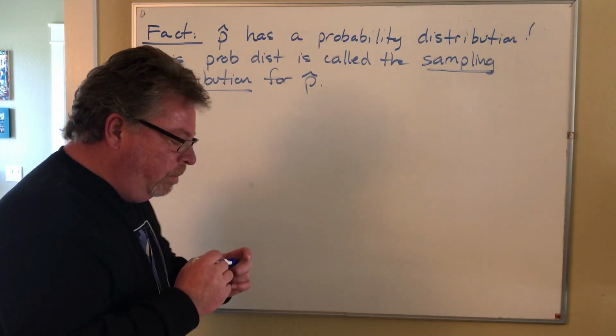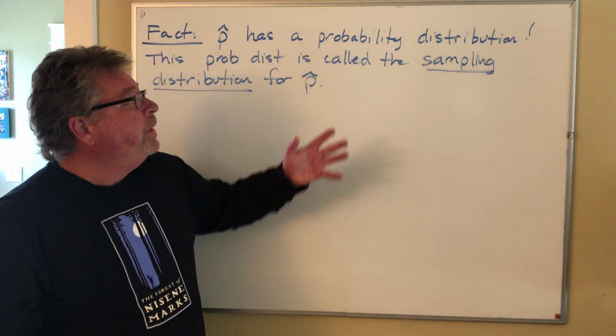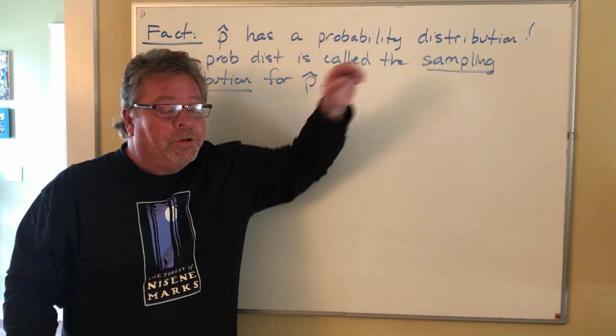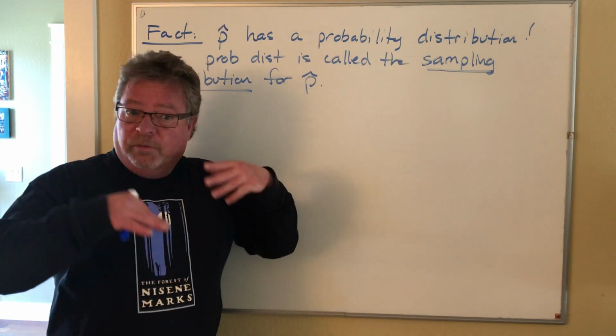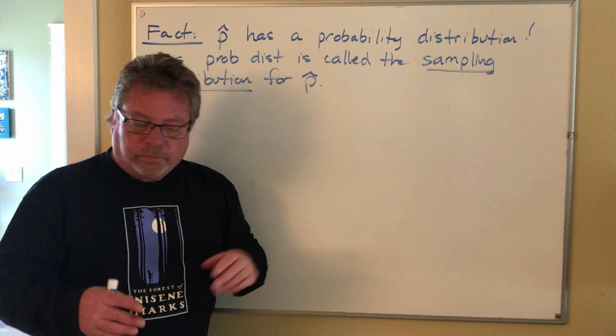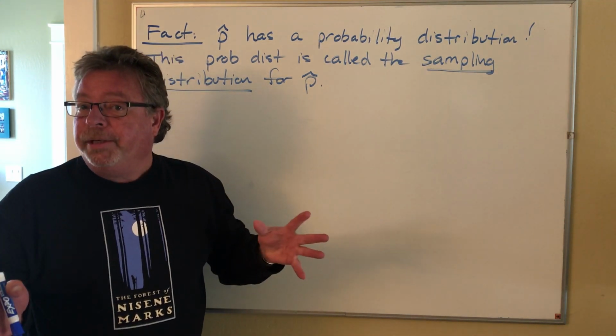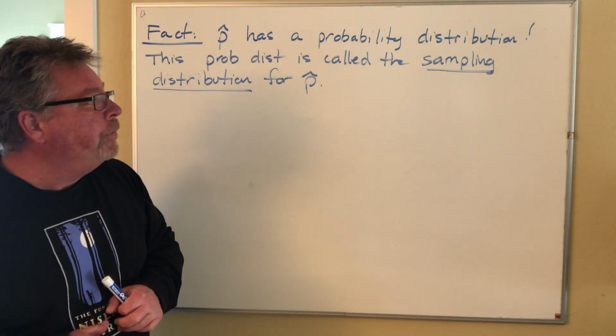And I want you to keep in mind that even though we're calling it a sampling distribution, it's a probability distribution. So all the things that we've been talking about for probability distributions are still lurking in the background. It has to show all possible values of the variable and the probability of each of those possible values.